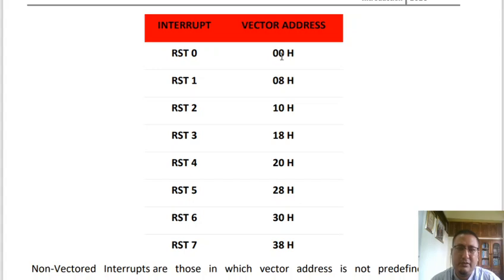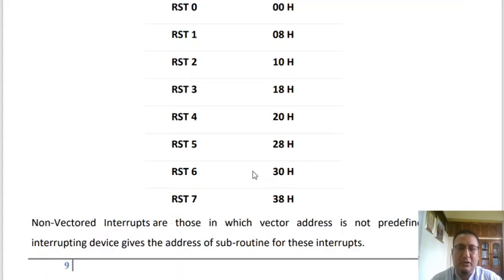So 0 into 8 is 0, 1 into 8 is 8, 2 into 8 is 16, 3 into 8 is 24, 4 into 8 is 32, 5 into 8 is 40, 6 into 8 is 48, and 7 into 8 is 56. This is how we estimate the vector address of the software interrupts. These are the hexadecimal representation of the vector addresses: 0, 8, 16, 24, 32, 40, 48, 56.